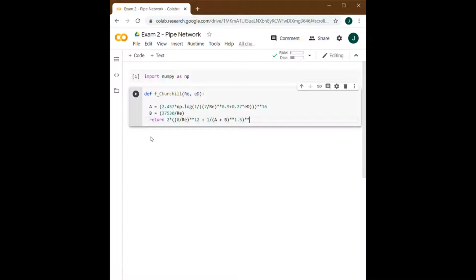And all of that is going to be raised to the power of 1/12. So this is our Churchill function.